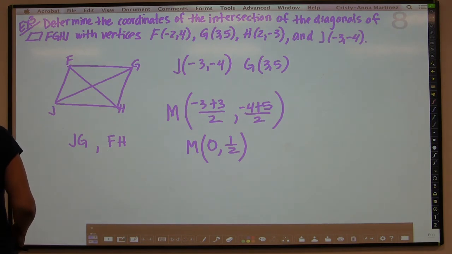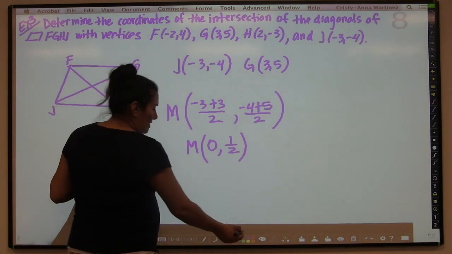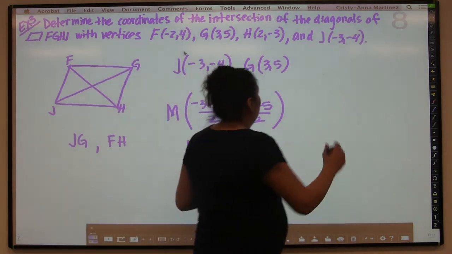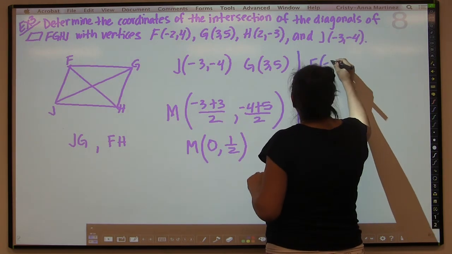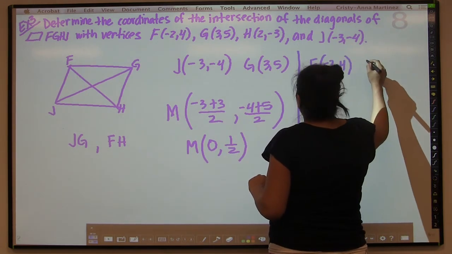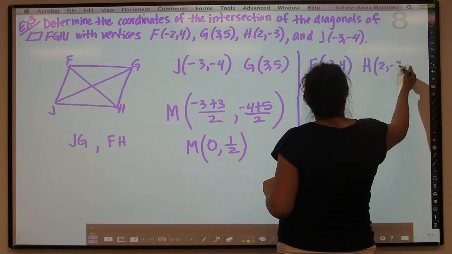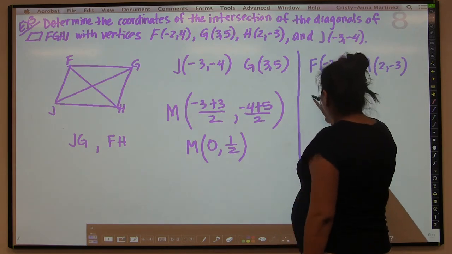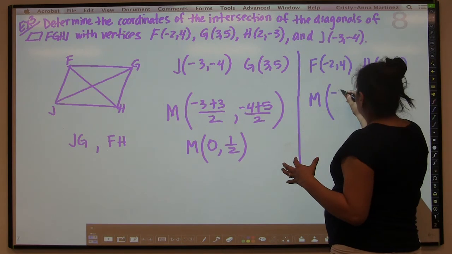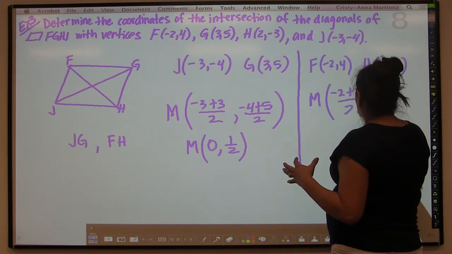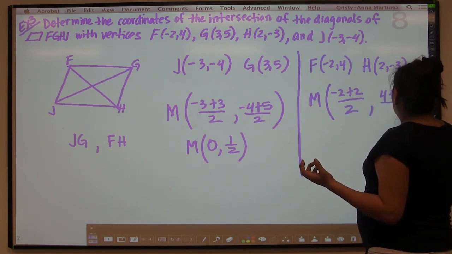And then to confirm my answer, I'm going to also find the midpoint of FH and hope that it's going to be the same. So for that, I'm going to use F, which is (-2, 4), and H, which is (2, -3). Again, we find the midpoint by taking the sum of the x coordinates, -2 plus 2, divided by 2, and then the sum of the y coordinates, 4 plus -3, divided by 2.